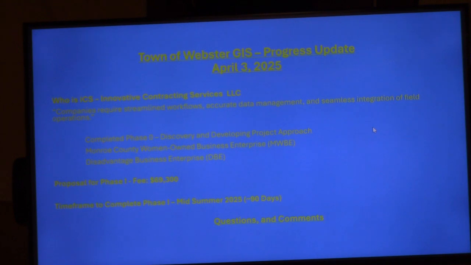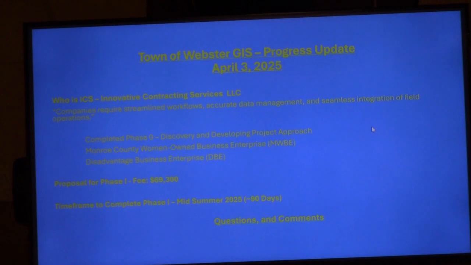So a little bit about ICS. Like I said, we've been working with them as part of the discovery phase. This is a quote taken straight out of some of their literature, and I think it summarizes what we are trying to accomplish in generic terms, and then specifically for our GIS.